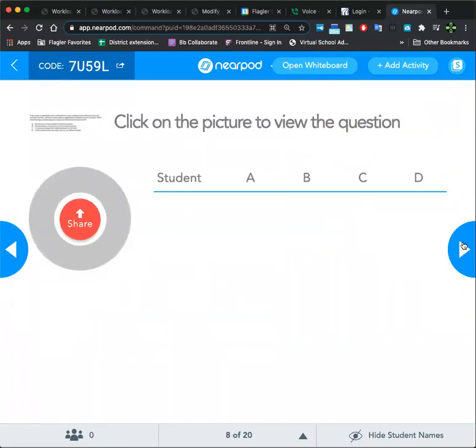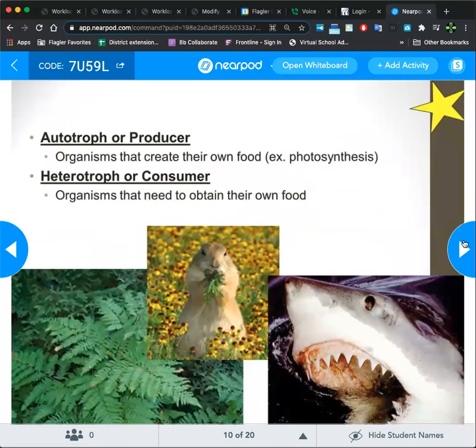All right. As far as the six kingdoms go, before we get into that, couple terms you need to know. Autotroph or producer is the same thing, and heterotroph and consumer are the same thing. So your autotroph, your producer, think of them as producing their own food or automatically making their own food.